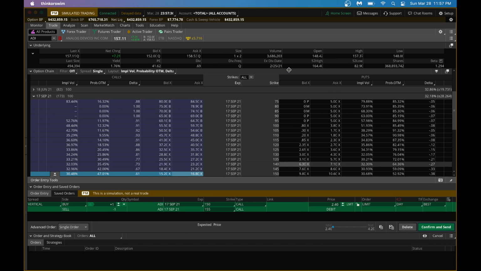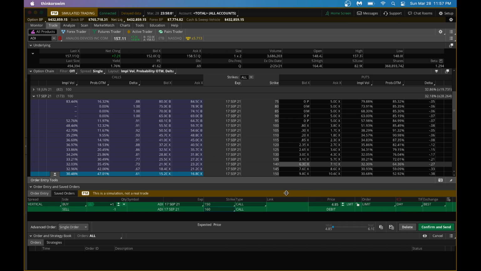It's a $10 spread. So if we do this $10 spread, 150, 160, I'm paying $4.85. So it's a $10 spread, and I have room to grow from $4.85 all the way to $10. That will give me $5.15 profit.